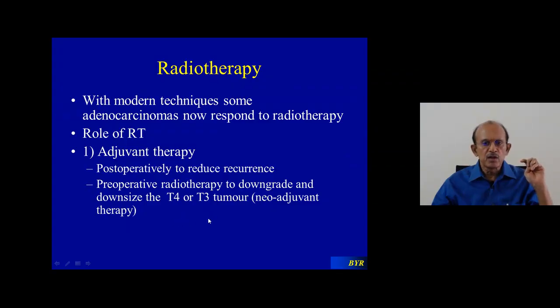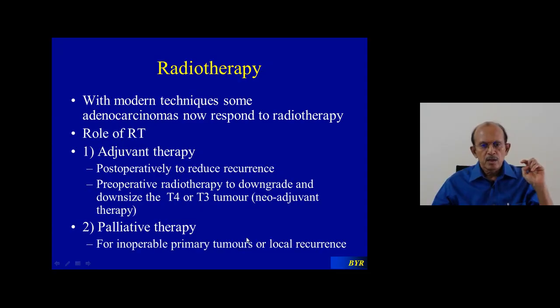This is called neoadjuvant chemotherapy, radiotherapy. Radiotherapy is also given as palliation for treating inoperable tumors. That means it shrinks the size of the tumor, so the obstruction is relieved and patients will pass normal stools for some time.